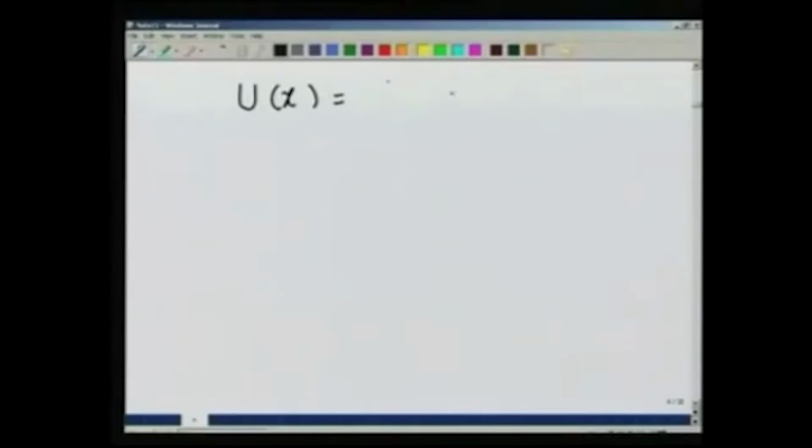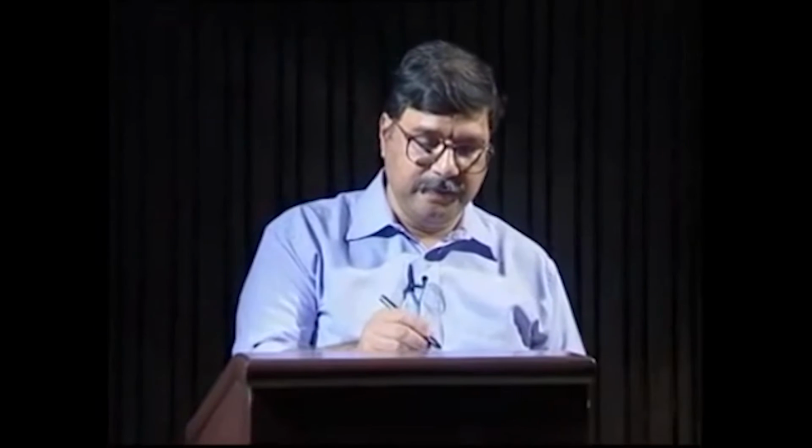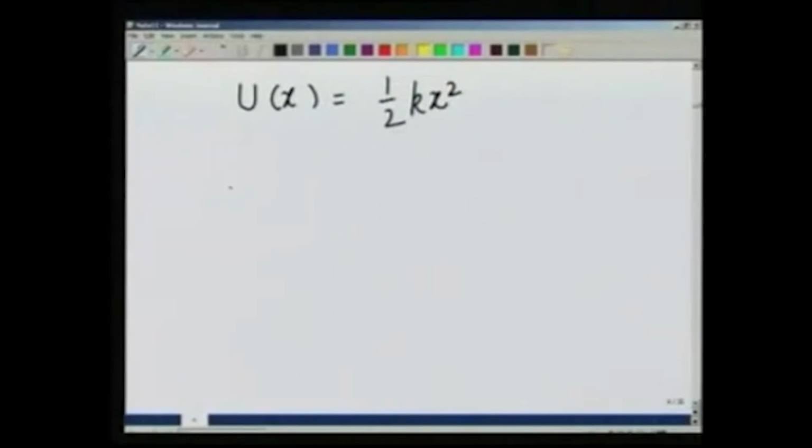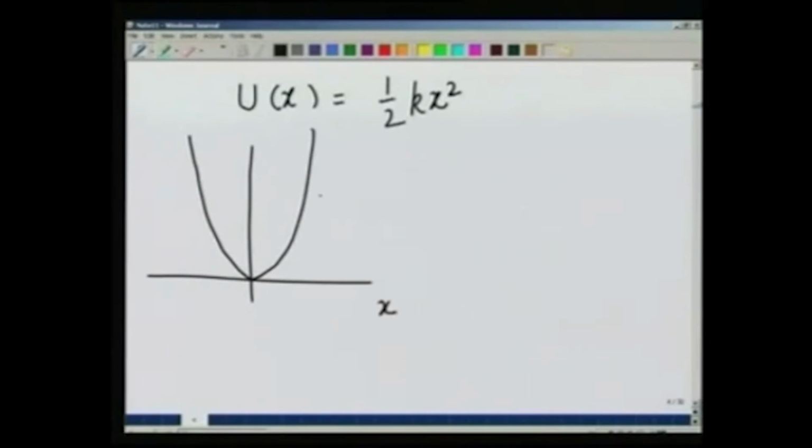So I can now write the potential energy as U(x) is equal to 1/2 kx squared, and that you recognize right away as the potential energy of a spring stretched by distance x. So the potential energy with respect to x looks something like this, which is 1/2 kx squared.